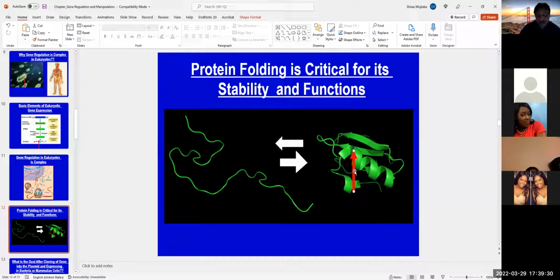Right? So sometimes what is the challenge? Human proteins may not be folded exactly the same way inside the bacteria. So let's say I'm expressing a transcription factor, and it has a certain shape inside the human body or human cell or eukaryotic cell, that may not happen in bacteria. So that brings a lot of challenge.